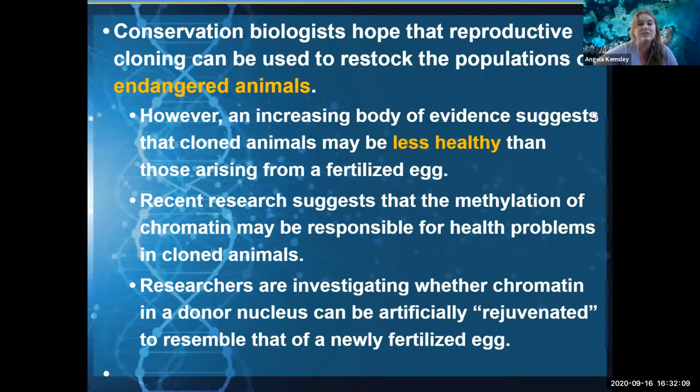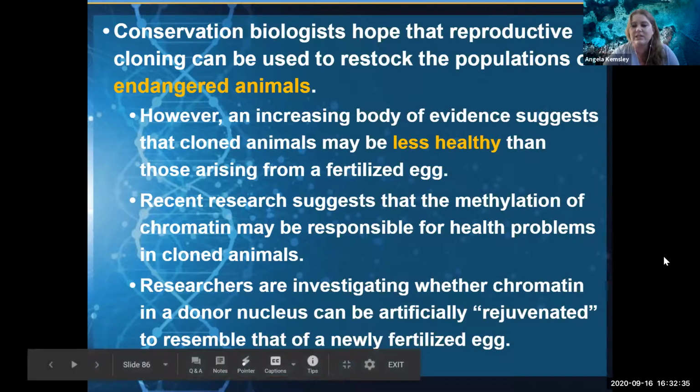That's why they're focusing so much on taking the idea of cloning to the next level when they are trying to repopulate the northern white rhinos. Because what we found is when we're just using the genetic information from one individual and creating these true clones, like has been done in the past, these cloned animals are actually less healthy than those that arise from a fertilized egg, from those that have genetic information from different parents.